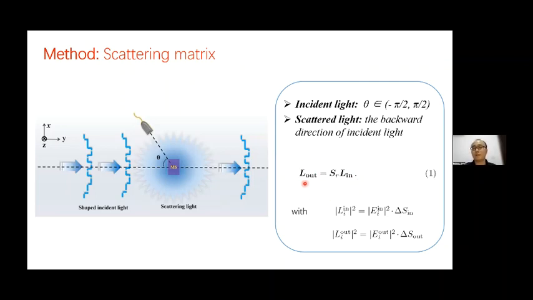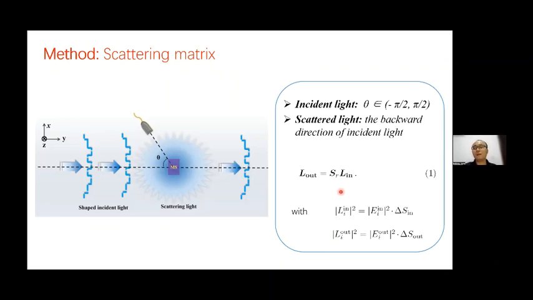L out here is also a column vector, and each element of it is used to denote a scattered light at a particular direction. So if we know all the scattered light corresponding to each incident plane wave, then we can retrieve the scattering matrix S.